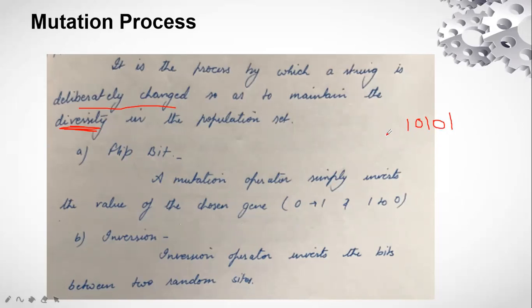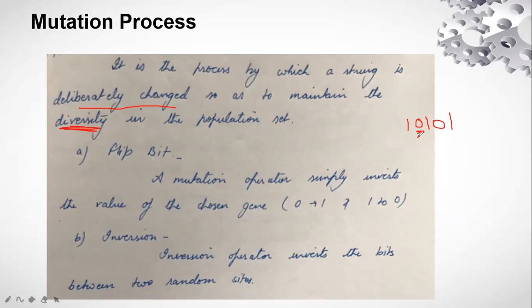This is a chromosome, an individual in the population, and if we apply the flip bit mutation operator here, I will randomly choose any bit. Let me say I have chosen this particular bit, right? And I am going to flip this bit.